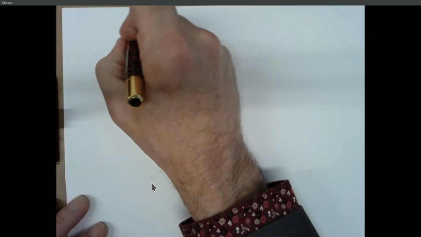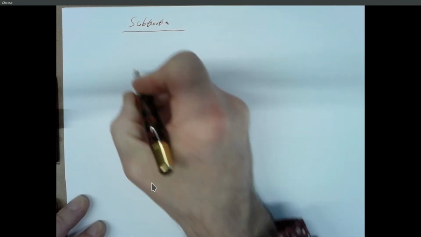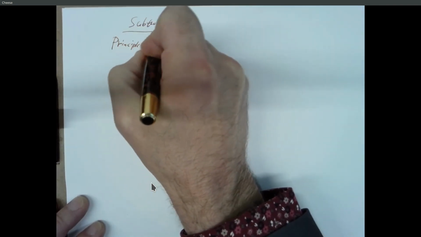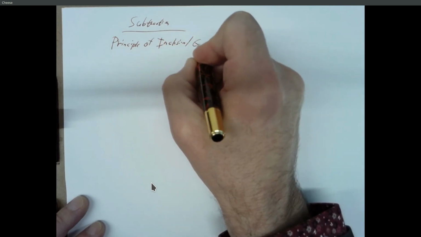All right, got the sum rule down? Okay, so we got one more, which is subtraction. Which is also called the principle of inclusion-exclusion.